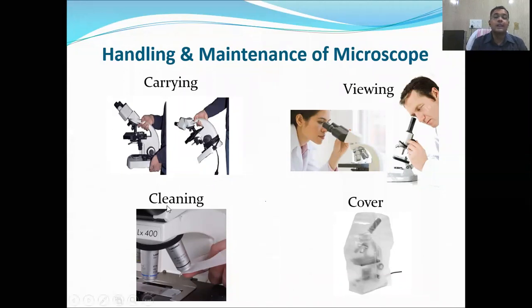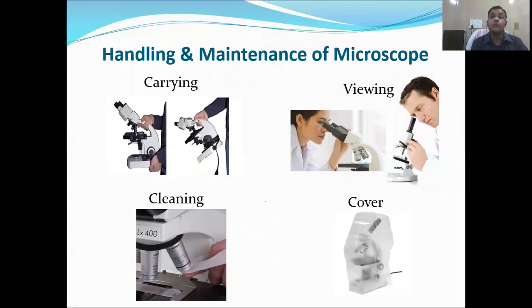The third point is cleaning. Once you complete your use of the microscope, always clean the lens with clean tissue paper or muslin cloth. Whenever required, you can also use lens cleaner solution to remove the oil from the oil immersion lens. If you leave it as such, the oil will dry up and spoil your lens.